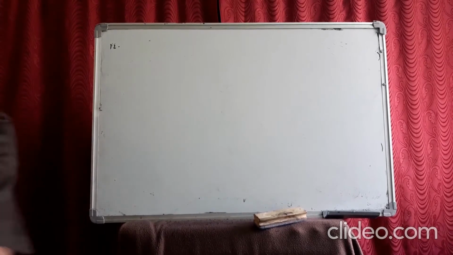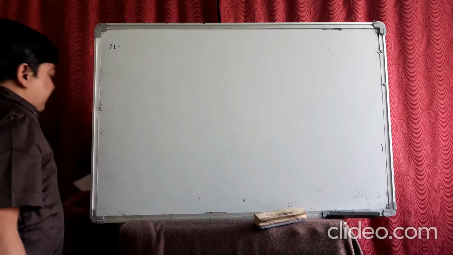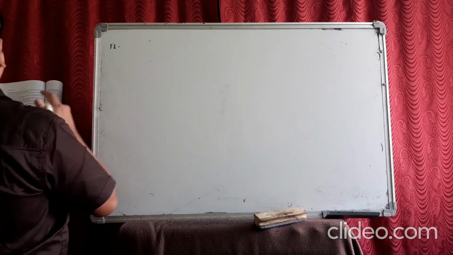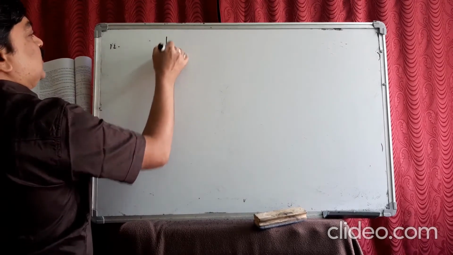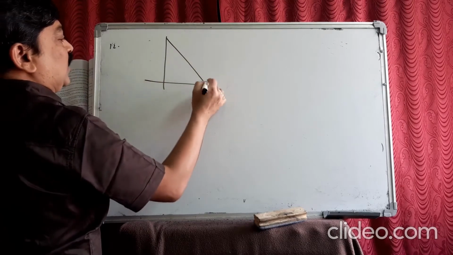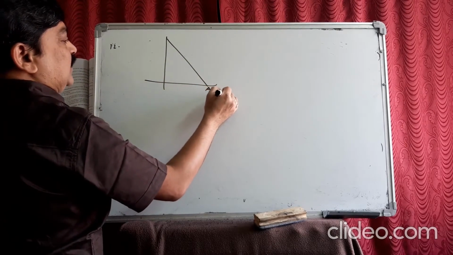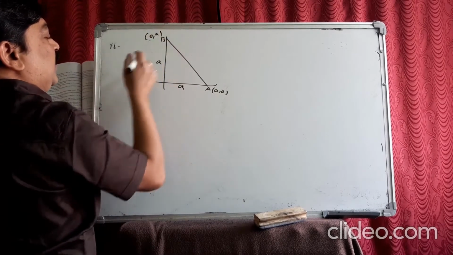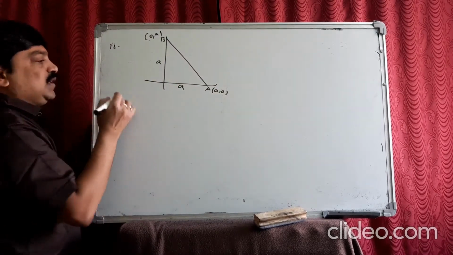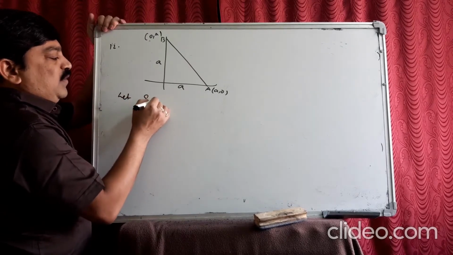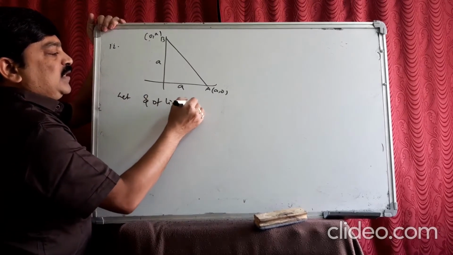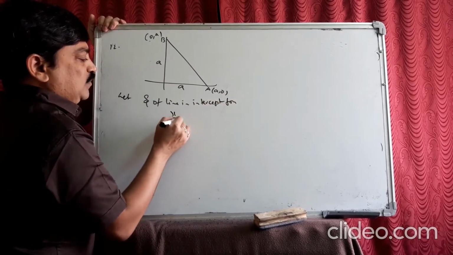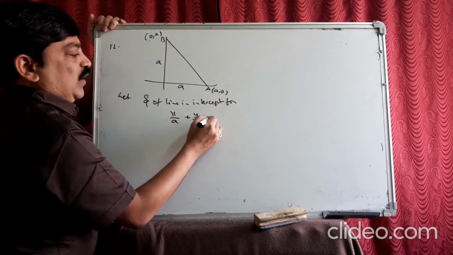Now see the 12th question. Find the equation of the line that cuts off equal intercepts on the coordinate axes and passes through the point. It is cutting equal intercepts on the coordinate axes. That means on the x-axis this is a and this is also a. What is the required equation? Let us take the equation of the line in intercept form: x/a plus y/a equal to 1.